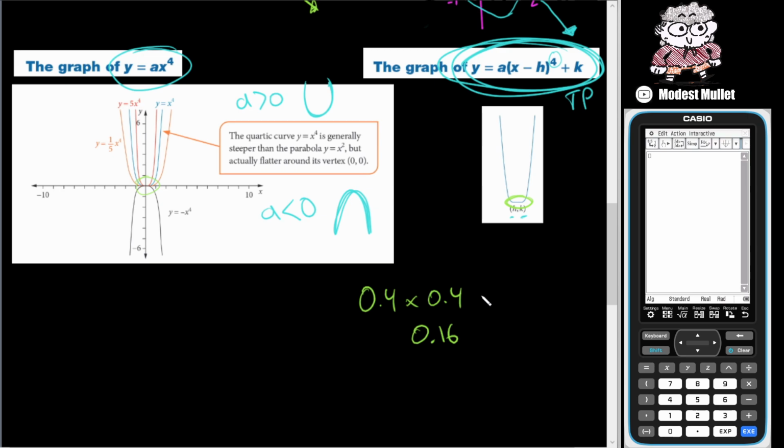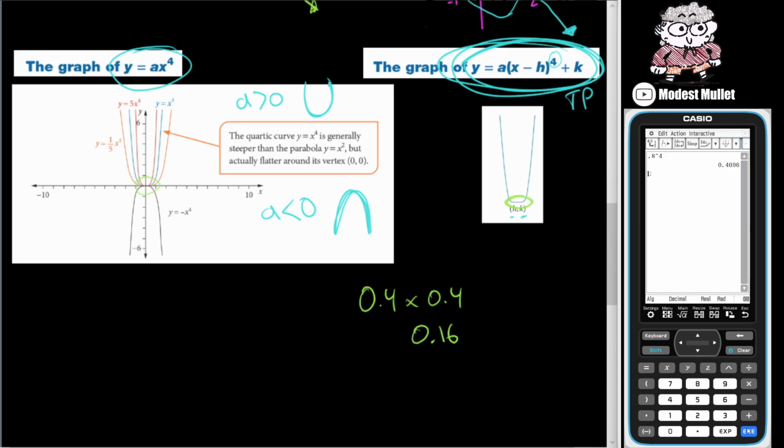If you then times that by 0.4 again, it gets smaller again, and then times by 0.4 it gets smaller again. So those values all the way up until just really close to 1 get compressed. Even, for example, 0.8 to the power of 4 is less than a half. It's only really close to 0.4.